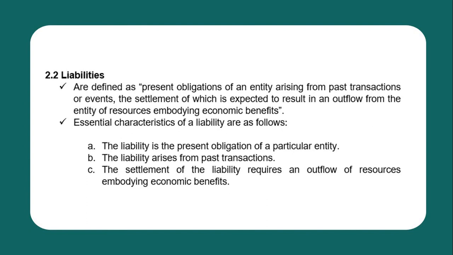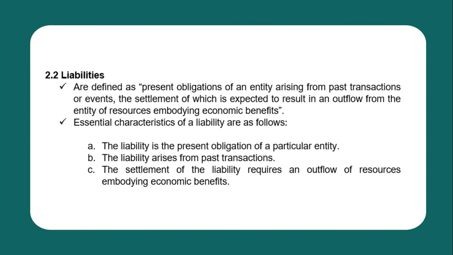So, first, it is the present obligation of a particular entity. It is not an obligation of the other entity, nor assumed by the reporting entity, but again, it is the own obligation. It is the present obligation of the reporting entity.